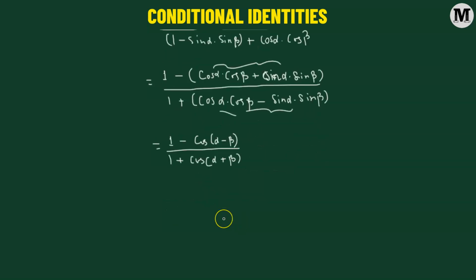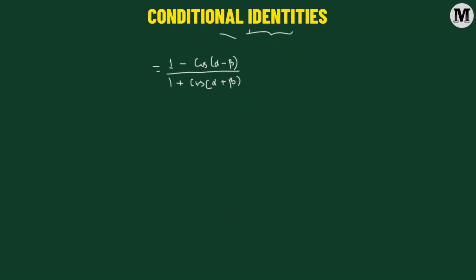Fine. Now we'll use the identity: whenever we have 1 minus cosine of theta, that becomes equivalent to 2 times sine squared theta over 2. And if we have 1 plus cosine theta, that becomes equivalent to 2 times cosine squared theta over 2. That means our numerator will be 2 times sine squared theta over 2, but theta is alpha minus beta, so we get alpha minus beta over 2.